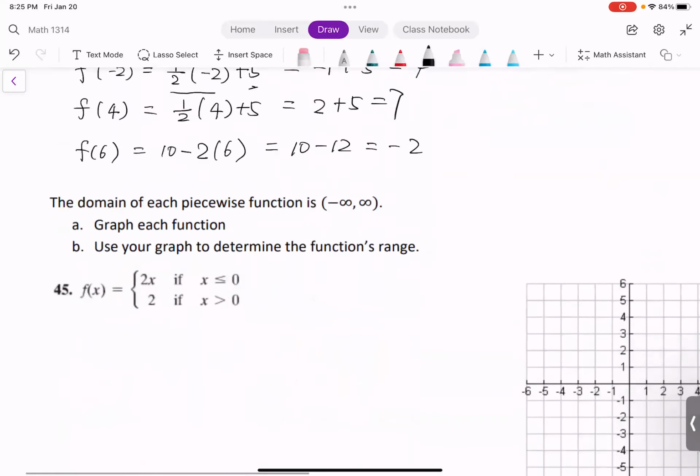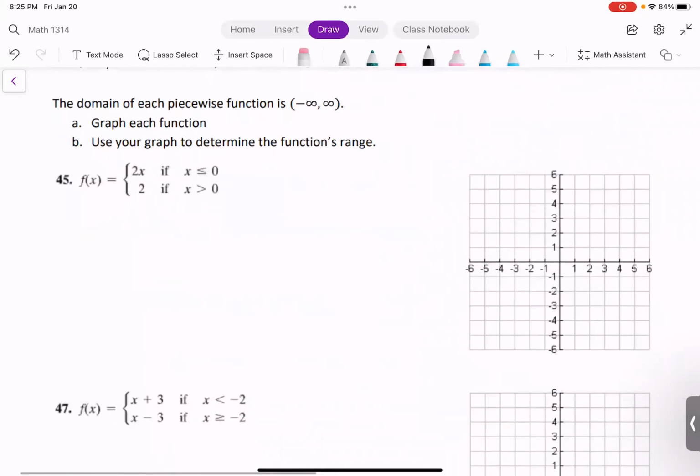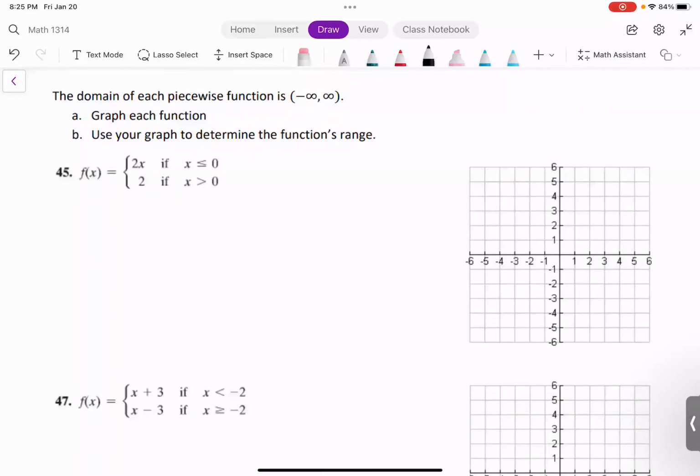Let's see the next part. The domain of each piecewise function is -∞ to infinity. First, graph each function. Second, use your graph to determine the function's range. So how to graph a piecewise function?